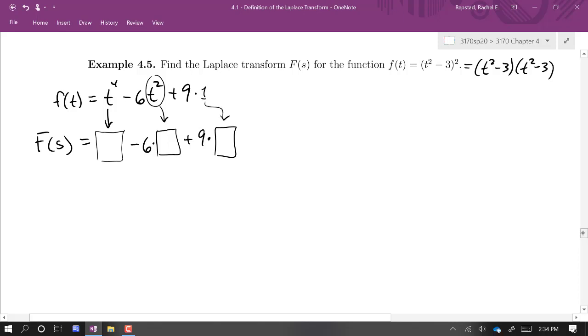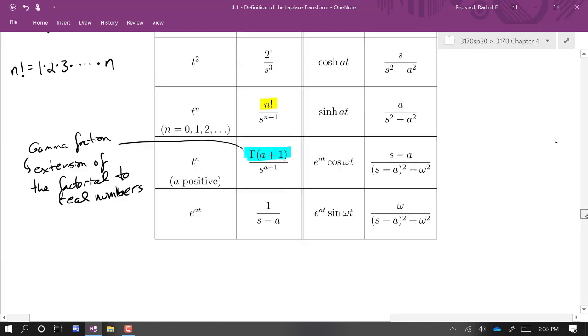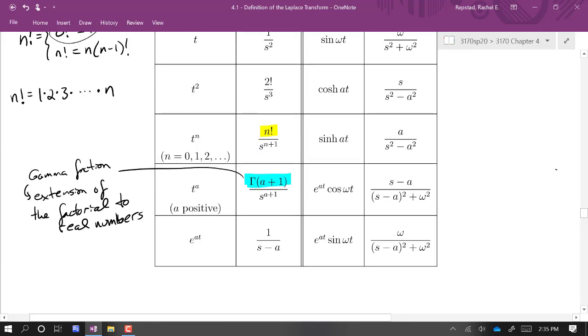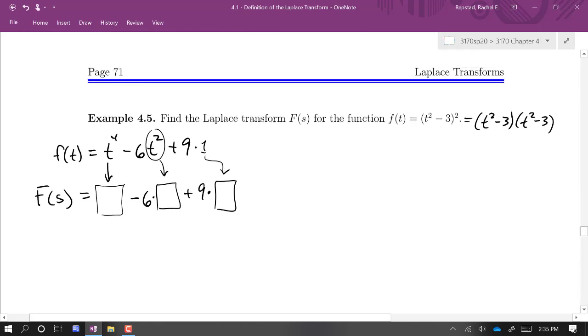So the transform of t to the 4th, going back to this table, is 4 factorial over s to the 5th. And then using the same rule for t squared, that'll be 2 factorial over s cubed.